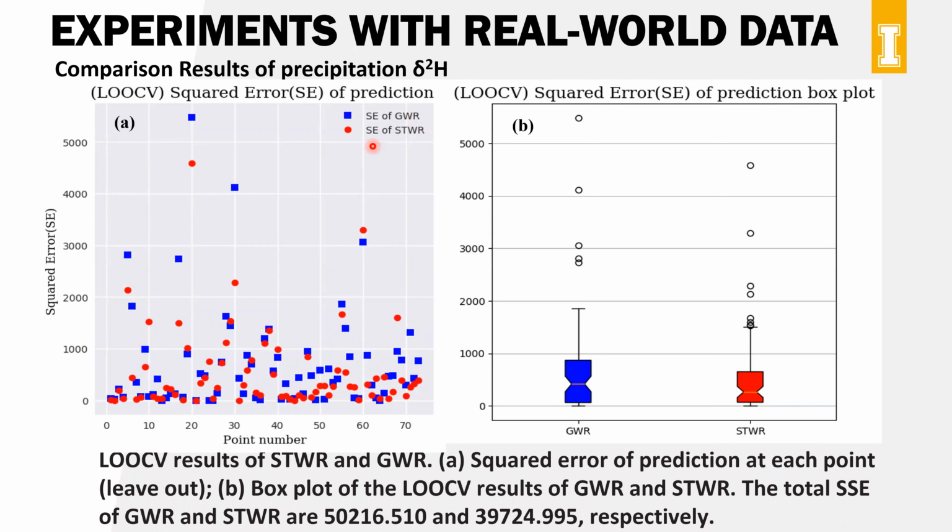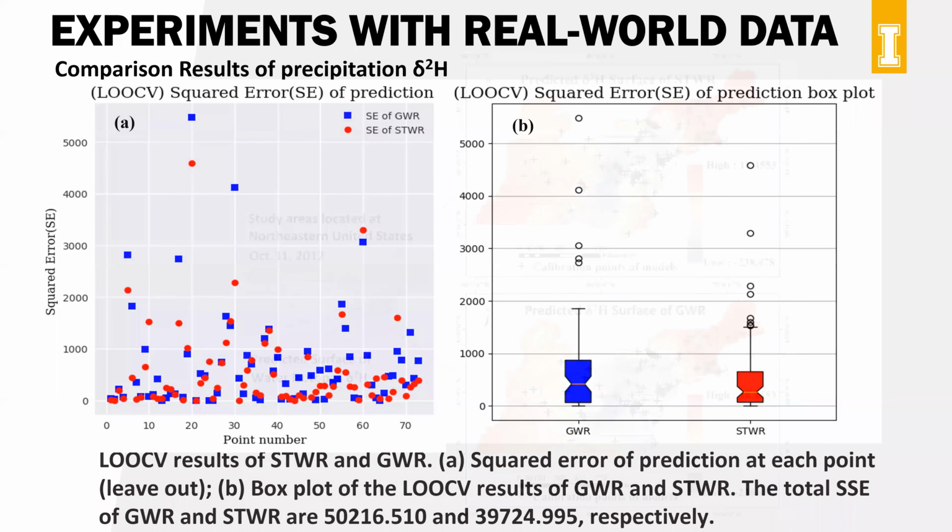And the red one is from our algorithm, STWR. You can see from the box plot that the red one has the lower square error, meaning STWR is the better model.